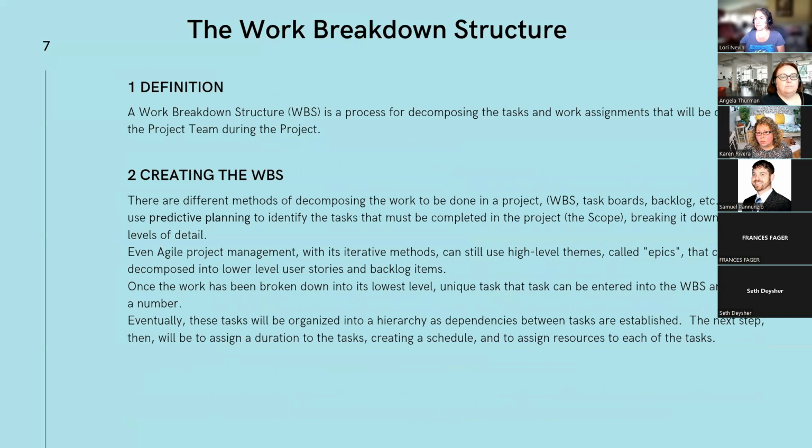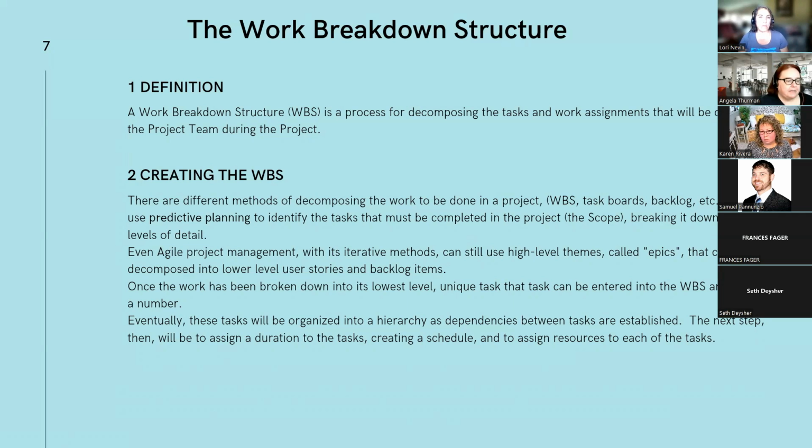Okay, moving on. So now we get to the work breakdown structure, or WBS. So creating a work breakdown structure is the process of decomposing the tasks and the work assignments into their smallest work components that will be completed by the team during the course of the project.